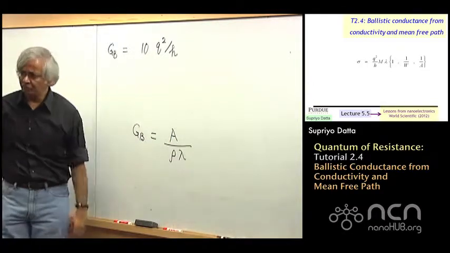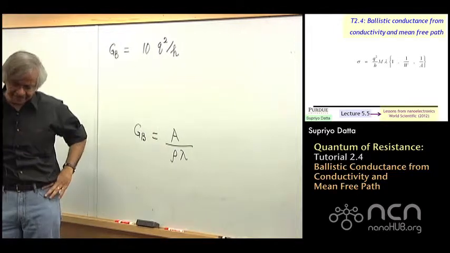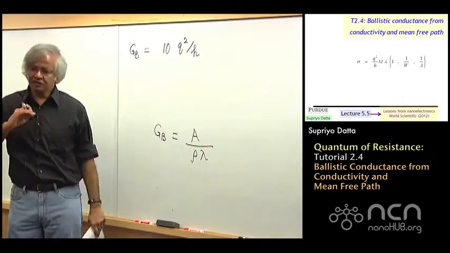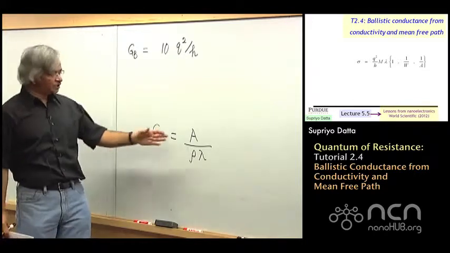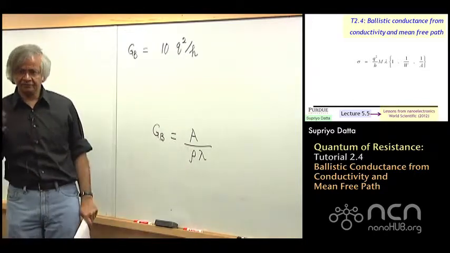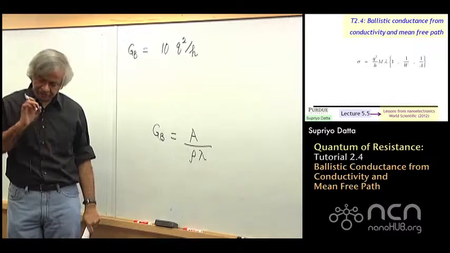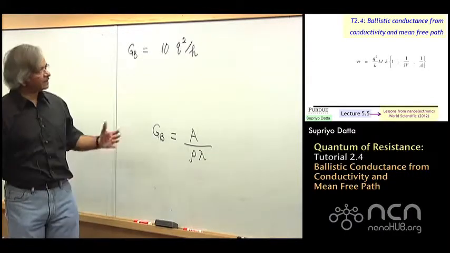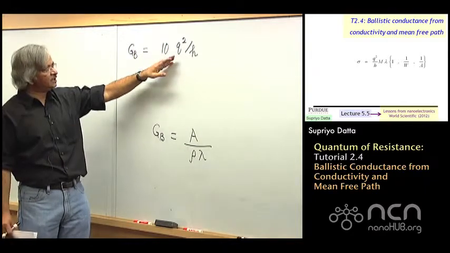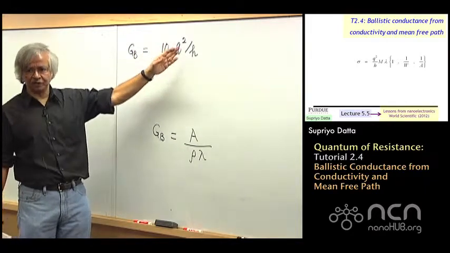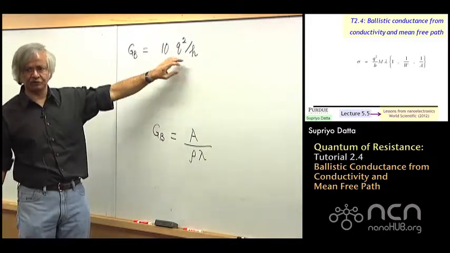This is important because if you are trying to design an experiment to look at quantized conductance, where one changes the cross-sectional area and gets steps in the conductance, then as I mentioned earlier, it's important that the ballistic conductance be a few q squared over h rather than thousands of q squared over h.